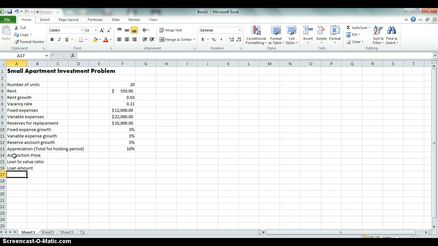And once we have the loan amount, we need a mortgage interest rate. With all this information, we will be able to calculate a monthly payment, establish a long term, and also we need a depreciable base.